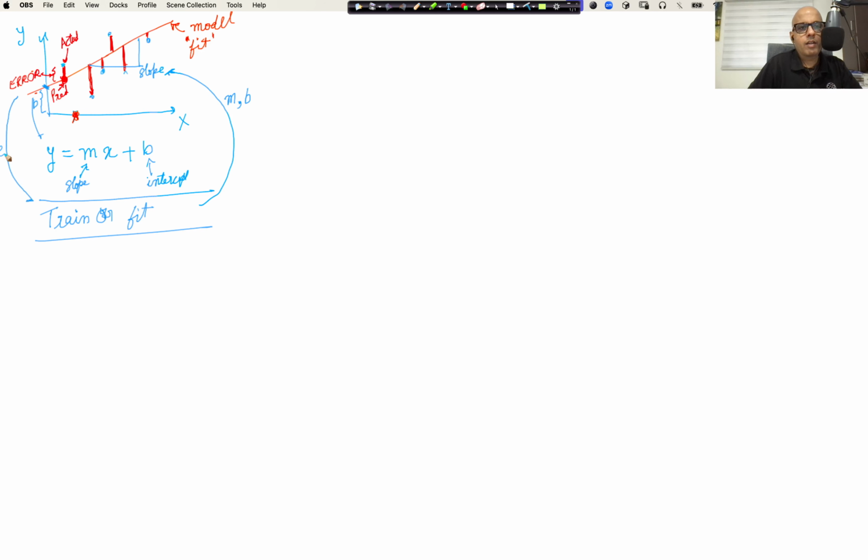Based on this error we again update the values of m and b, and then go back up, predict, and see what the error is. That's the cycle where we are trying to find the best fit for the line.